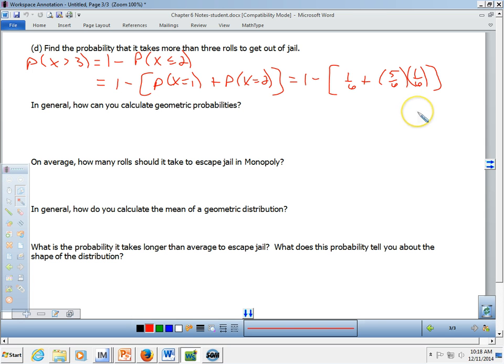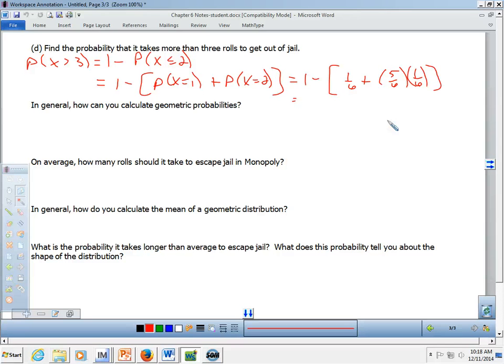So that's how we would go about finding the probability of it taking more than 3 rolls. This is our complement. We subtract it from 1, and we'll be good to go. And again, you can type that in. I don't want to insult your intelligence. You can type that in and get that probability.